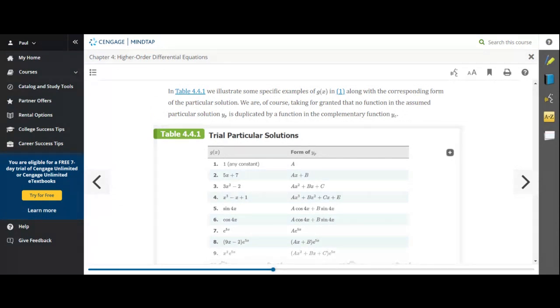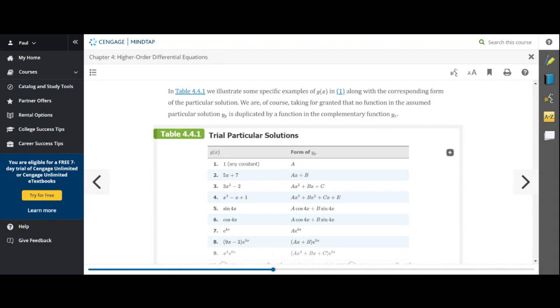This table gives trial particular solutions based on what g of x is on the right-hand side of your differential equation. You had a little practice with this in the 4.1 exercises that were due today, the very last question, with some very simple g of x functions.